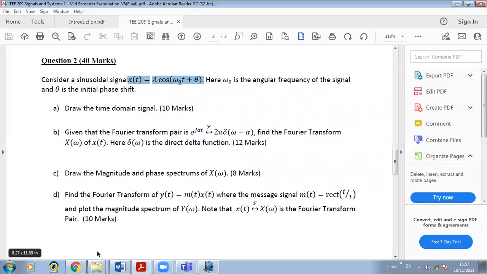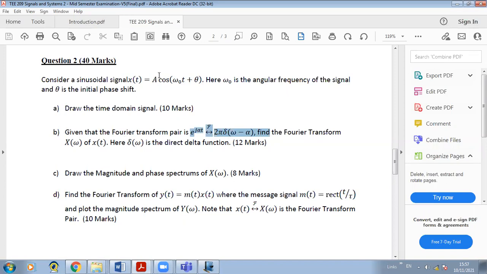Then we have to find the Fourier transform of this cos signal, and we are given a fact.